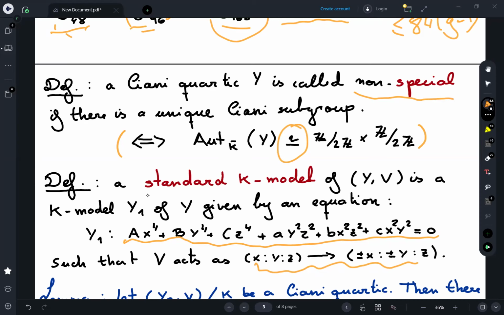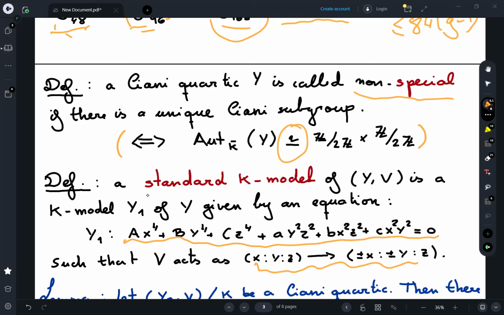It's easy to check that the equation that I showed you here is invariant under the action of this transformation. So this transformation defines an automorphism of the curve.